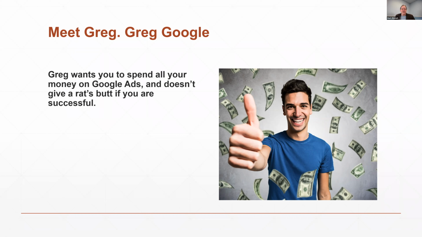They do give you the tools. So the overriding theme to this whole webinar is don't make Google richer, because whether a click turns into a new patient or not, Greg Google gets the same $100. So he's not motivated to make this better for you, but we are.